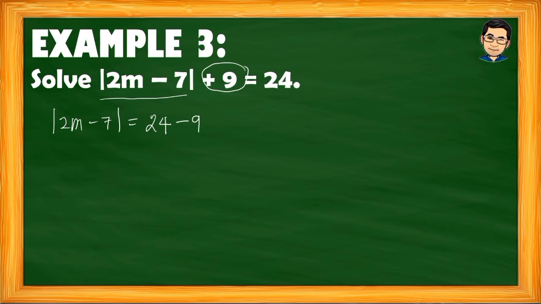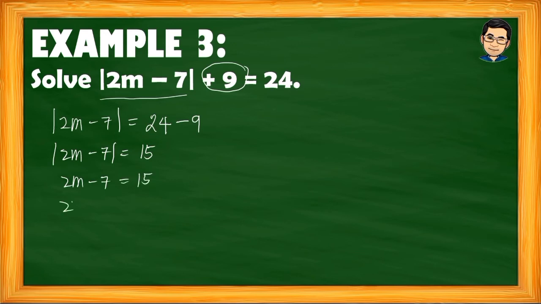Since we are removing the 9 on the left side, we subtract 9 from both sides. So, the absolute value of 2m minus 7 is equal to 24 minus 9, which equals 15. And then, we can now solve the equation wherein 15 acts as positive and negative so we can get two values of m. For the positive first, 2m minus 7 is equal to 15.